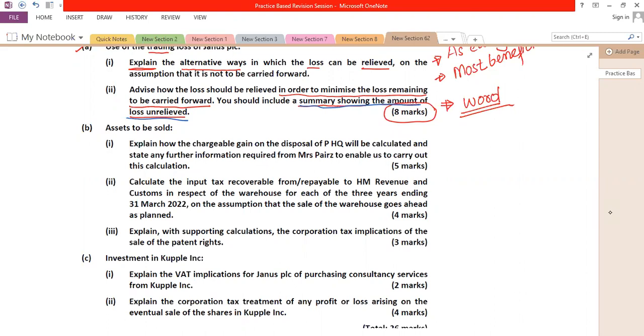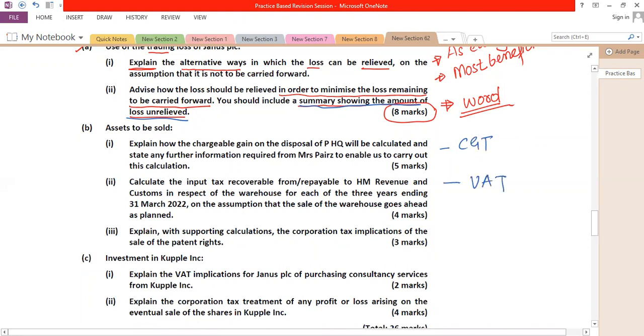B part 1 is related with chargeable gain calculation. We are not doing this right now. The second is the issue related with VAT. And third is related with corporation tax, and that is the sale of the intangible asset.